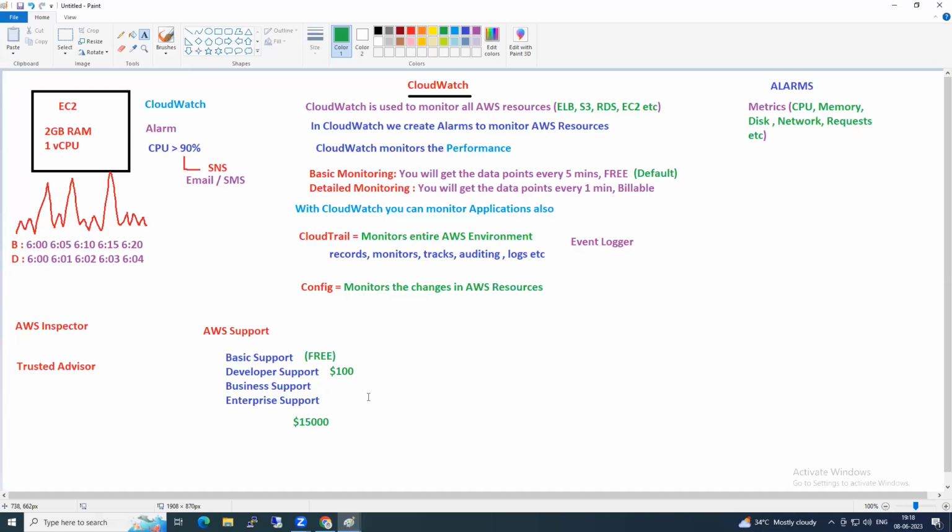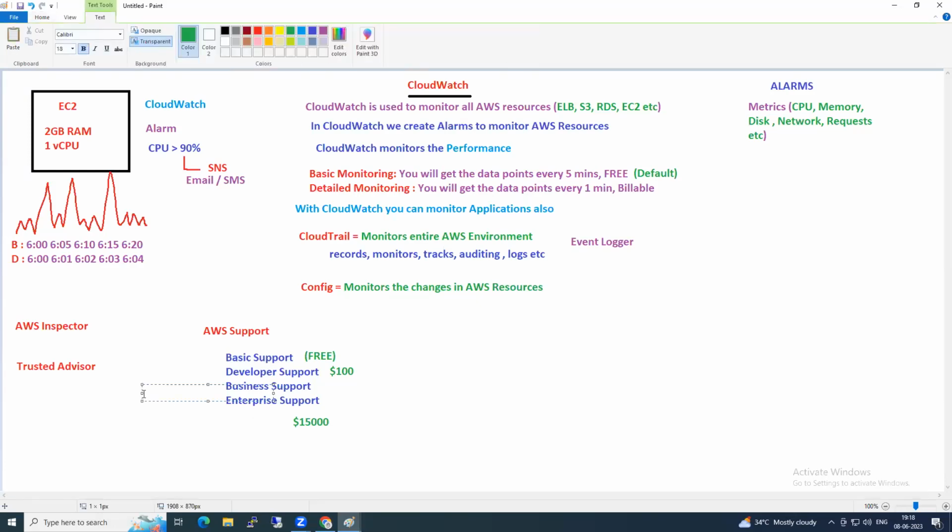Nice. What is the difference between basic support, developer support, business support, and enterprise support? It is all about SLA. SLA means service level agreement. It's like a VIP section.